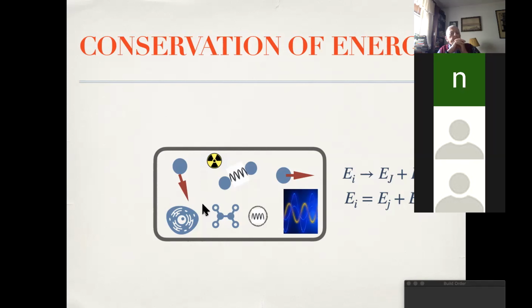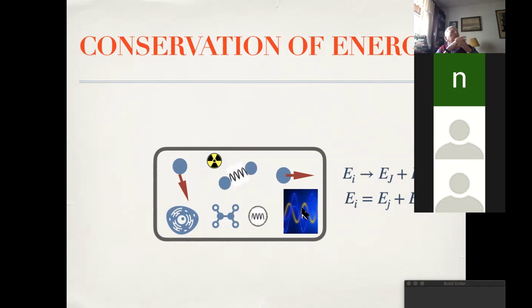The disintegrating radioactive nuclei had initially a certain energy, which was a binding energy of a nucleus, and it is now released in the form of these three types of radiation I have told you about. So the energy can change.